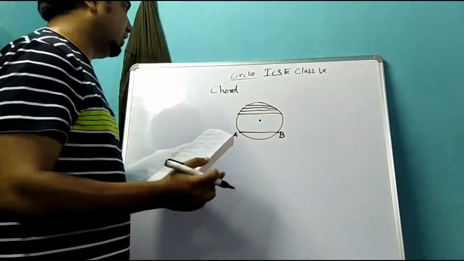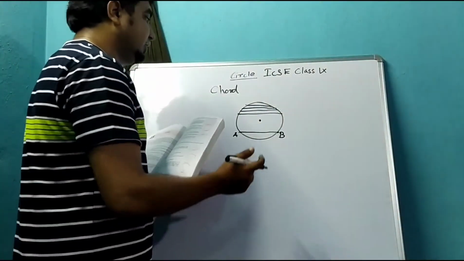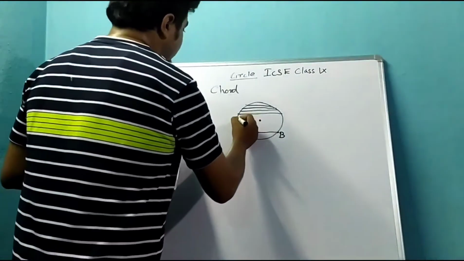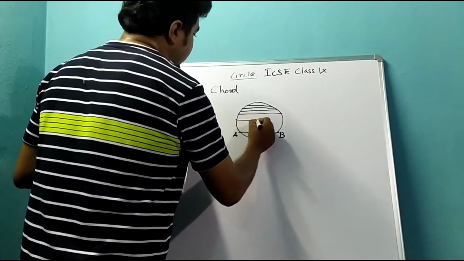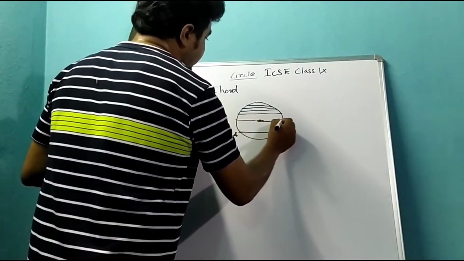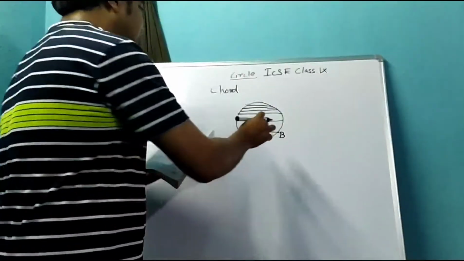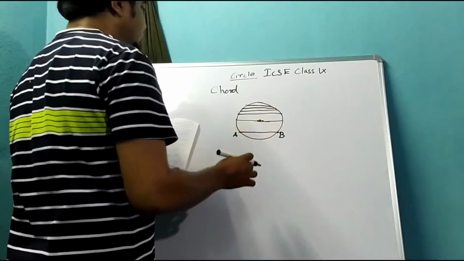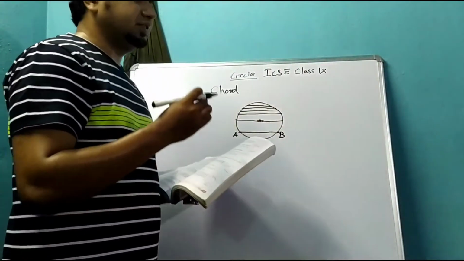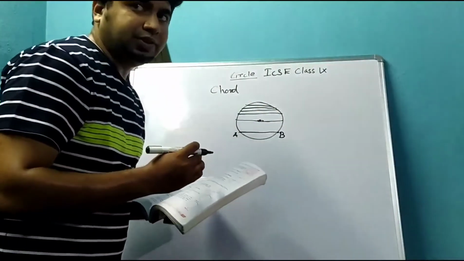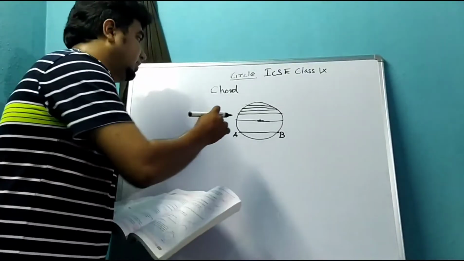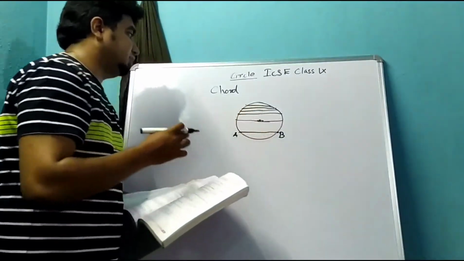The longest chord is the diameter. This is the longest chord because its distance from the center is 0, so the chord length is maximum. Diameter is basically the chord of maximum length. So this is regarding chords.